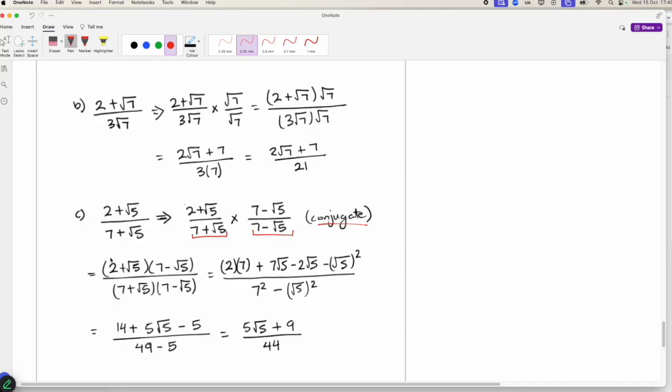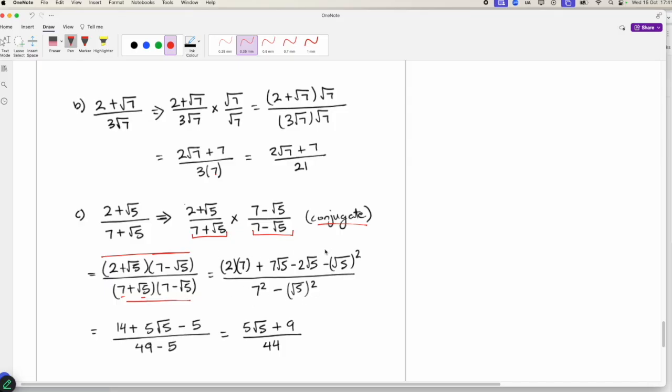So now I'll have 2 plus root 5 times 7 minus root 5 on top, and then 7 plus root 5 times 7 minus root 5 underneath. Whenever you have the conjugates multiplying, it's just the 2 terms squared. So this will just be 7 squared minus root 5 squared. This is a difference of 2 squares, right?